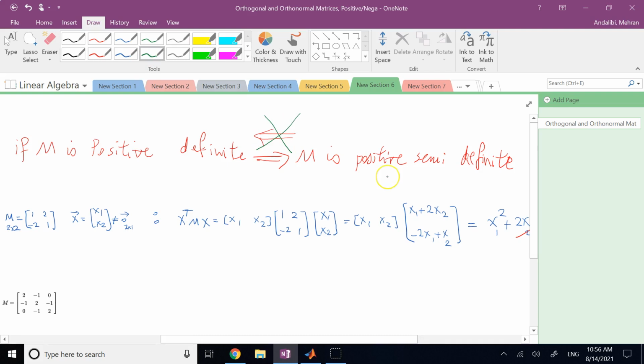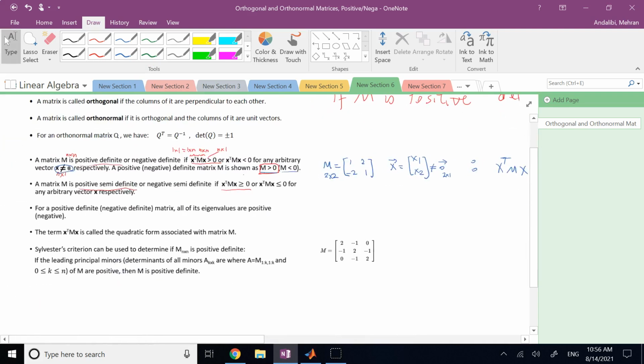Because positive semi-definite is when the result of this X transpose MX, which by the way has a name, is called the quadratic form associated with M. You might call it the quadratic form of M. So this quadratic form of M, for a positive definite matrix, is always positive if the vector x is not equal to 0.